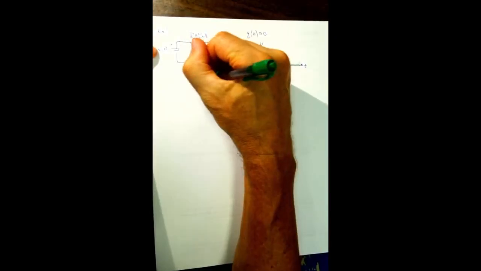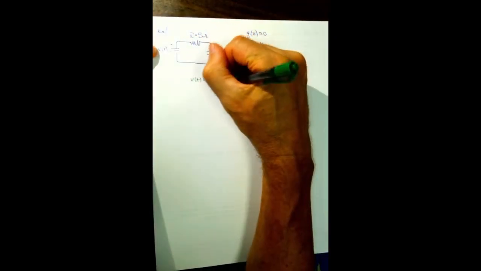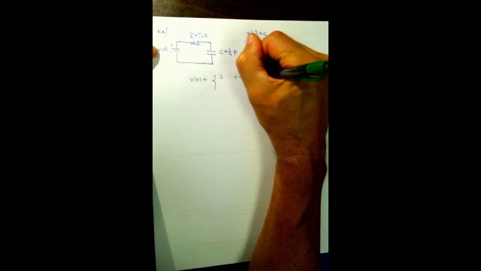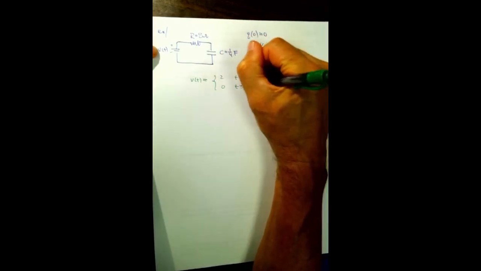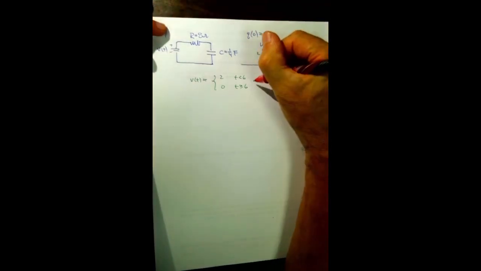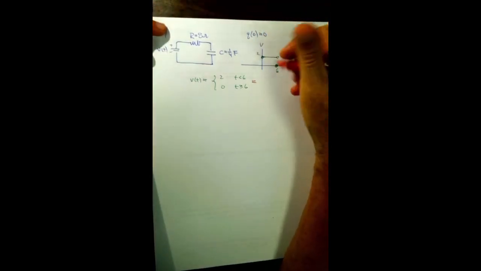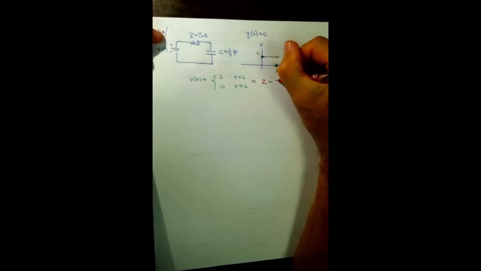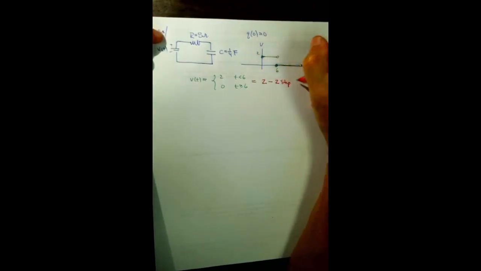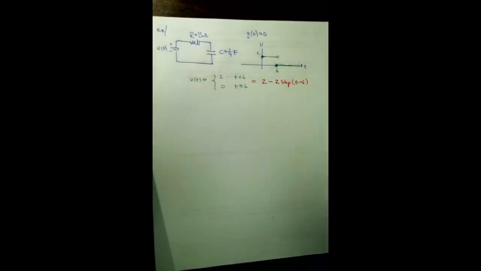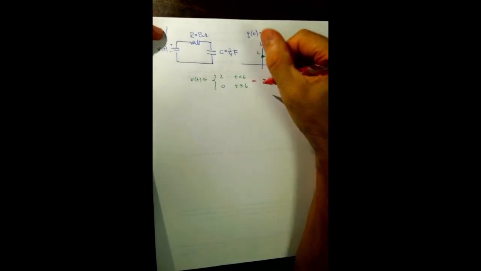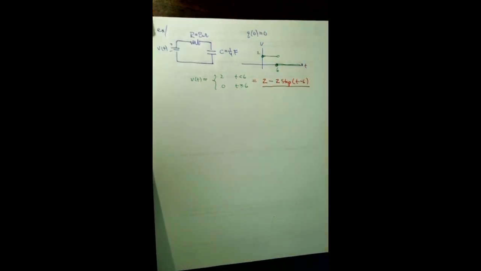So we can write the voltage as being 2 if t is less than 6, and then after 6 it drops down to 0, which means we can write this in terms of unit step functions, as it's initially 2, and then it's going to switch off, so we're going to subtract 2 after t equals 6. So I'm going to write my v of t in that form.